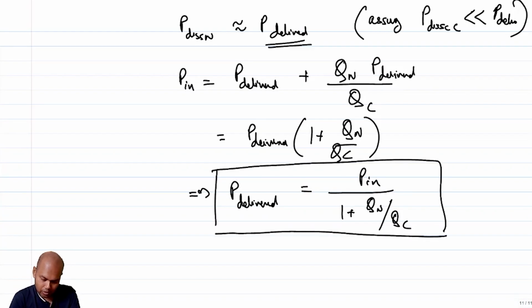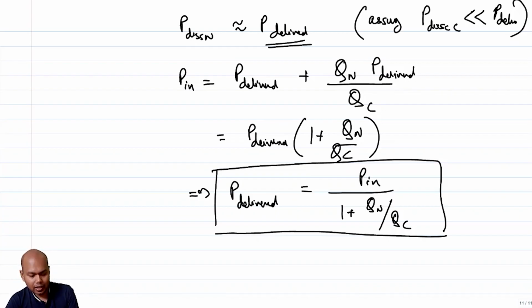Now, why is this important? This is important because it tells us that if QC is infinite, that is, you have ideal elements and no loss in the matching network, then power delivered is equal to P in, right? That makes sense, that should be intuitive. But what happens if QC is finite?